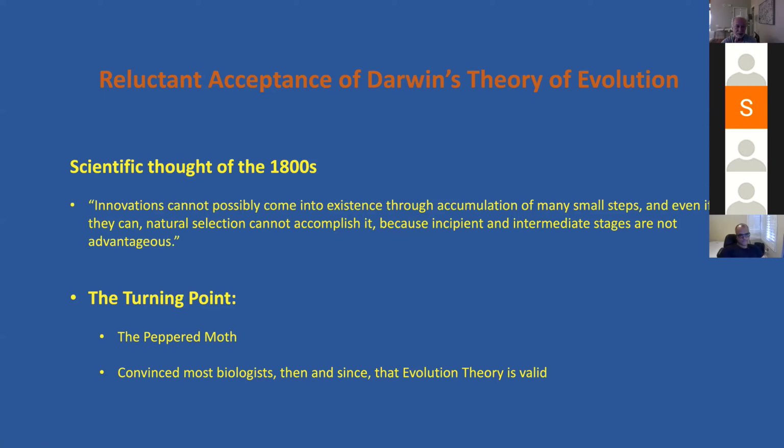But by and large, people, especially biologists, didn't take Darwin's theory seriously until the turning point was the peppered moth, which lives in England, where Darwin and many other biologists were. But the observations of the peppered moth convinced most biologists that the evolution theory is valid.